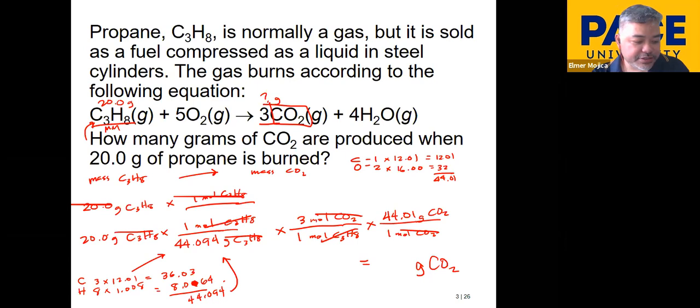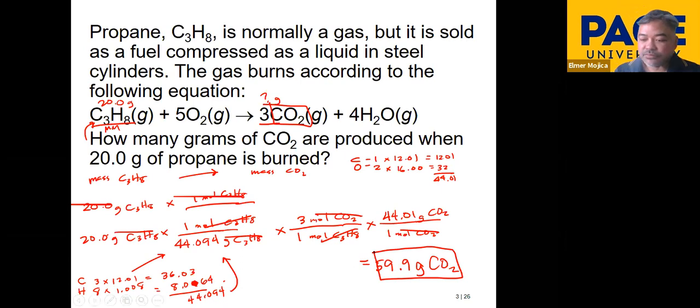So you have here 59.88, since we only have 3 significant figures as the starting point. So we can do it like this. This may be challenging, but if you know what you're doing, I think you'll be fine.